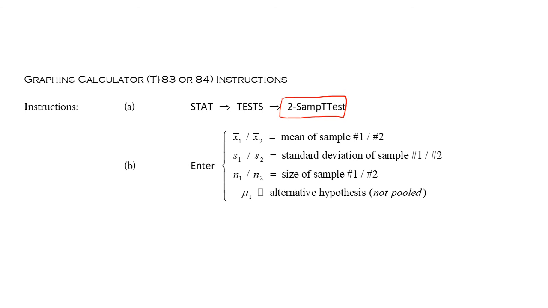And then, of course, the form of our alternative hypothesis will be one of the forms mu1 is less than mu2, mu1 is greater than mu2, or mu1 is not equal to mu2. So it's one of those three forms. And in this case, we'll be looking at the ones that are not pooled.